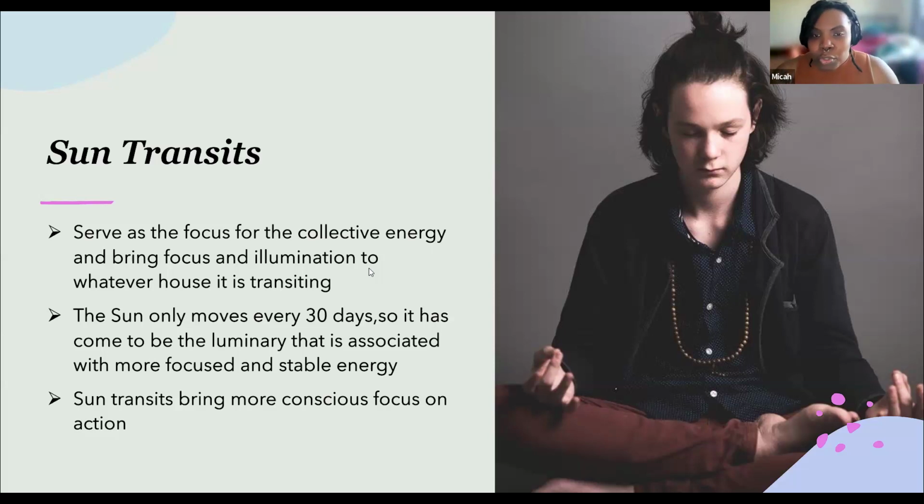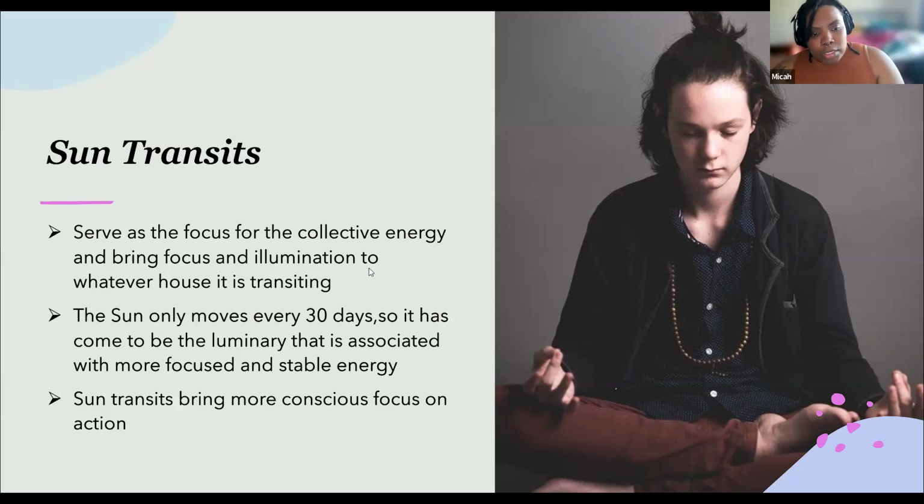Obviously, there are other transit planets making things happen as well, and they are not all in the same house at the same time. But sun transits will give focus and illumination to certain things of the house and the planets in that house, as well as the general zodiac energy of that house.